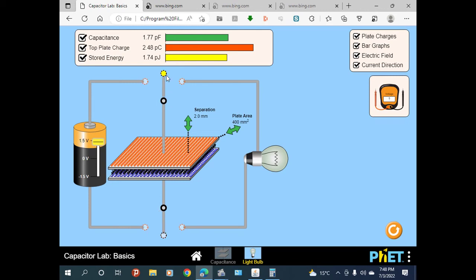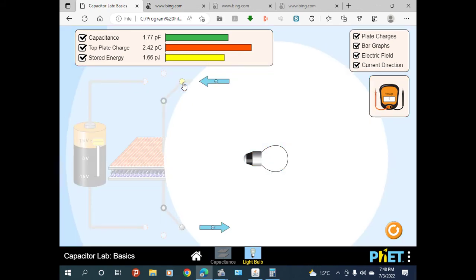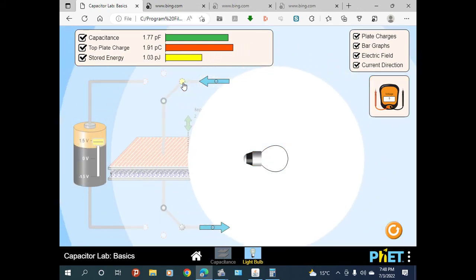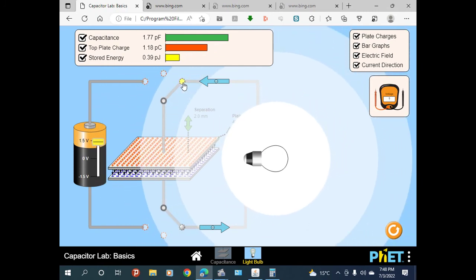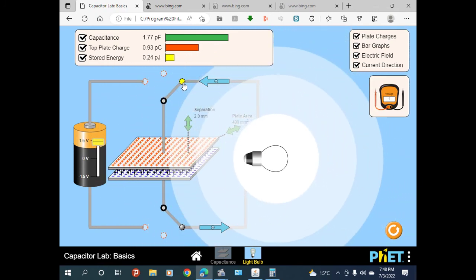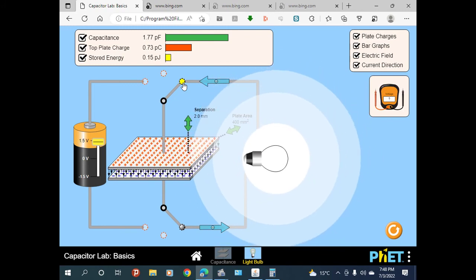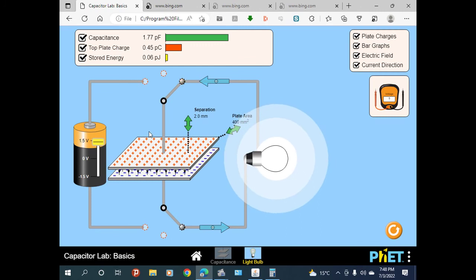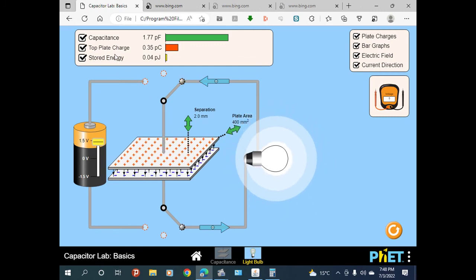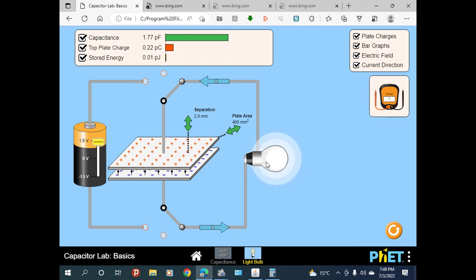Disconnecting from the battery and connecting to the resistance or the bulb, here it discharges over a long time, taking a long time, C times R. C times R means the discharging time. C means the capacitance, and R means the resistance or the load.